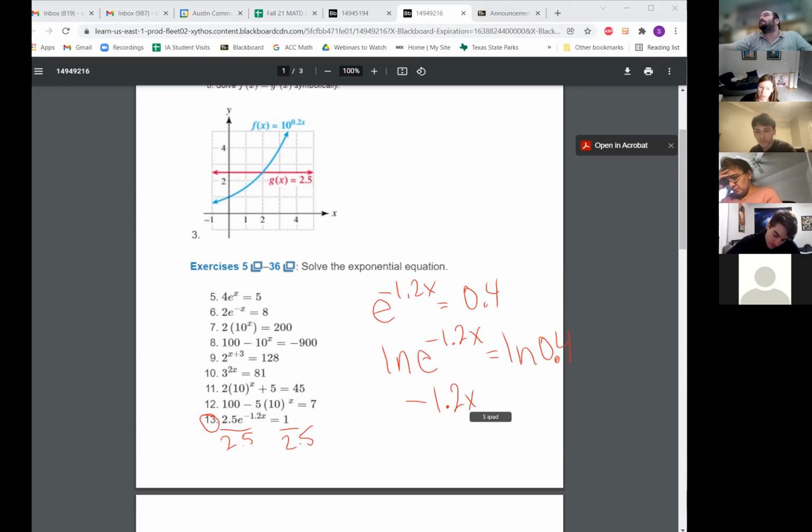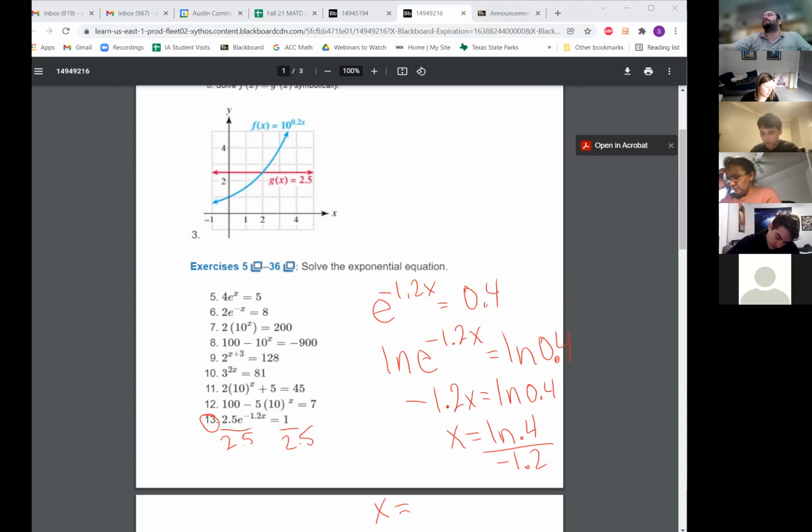Because ln of e, it kind of quote unquote cancels, right? Right. Then you can divide by the negative 1.2. And then did you get a decimal when you plugged it in, some sort of answer? That's how I left it.